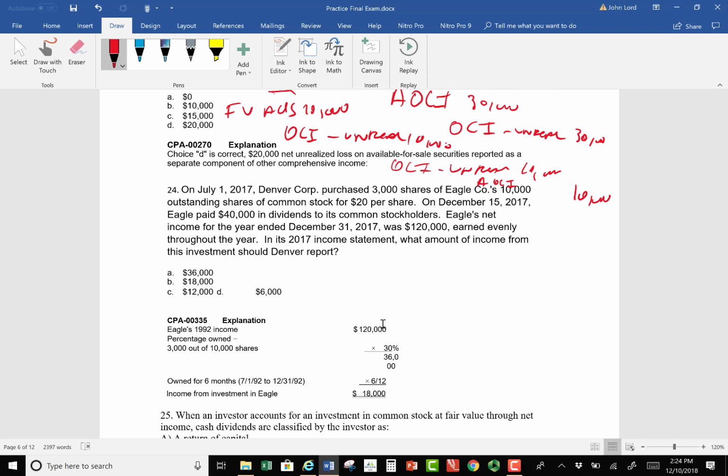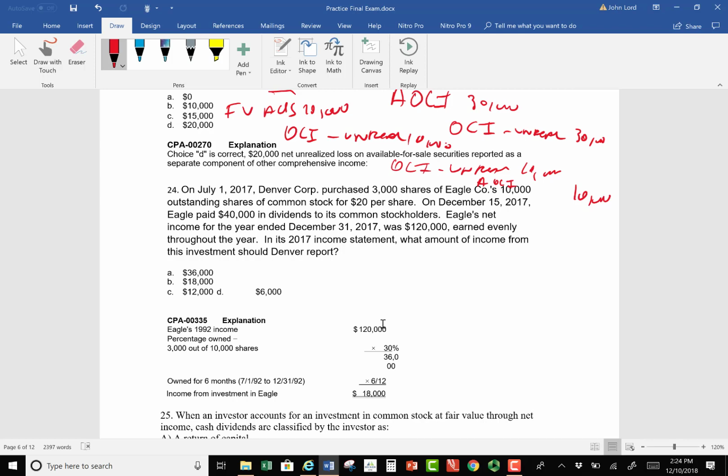I will never give you a question where it's 21%, or 19.99%. I'm going to put you well into the equity method if I want you to use the equity method, or well back into the fair value through net income method if that's what I want. So we're solidly in the equity method.